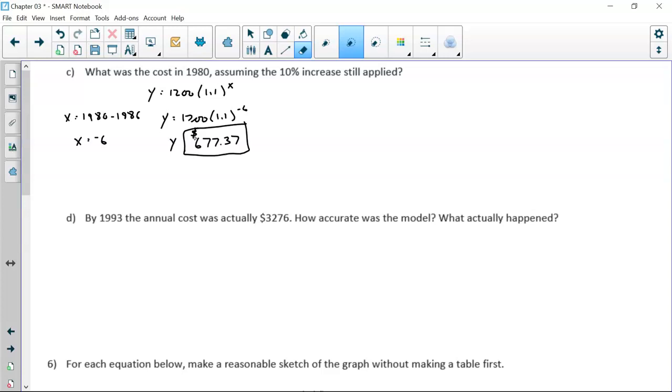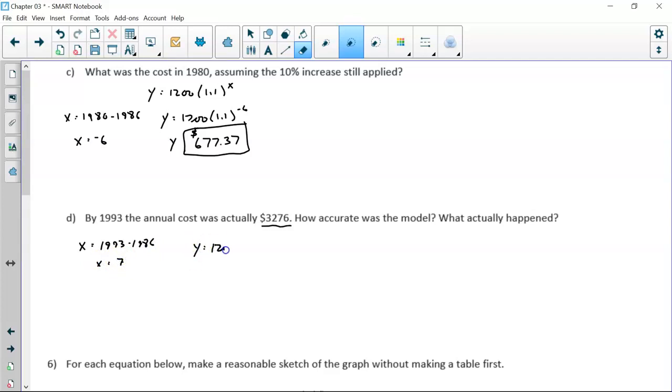Now, what actually happened is that in 1993, the actual cost was $3,276, excuse me. So if we look at this, the model, 1993 minus 1986, x equaled 7.